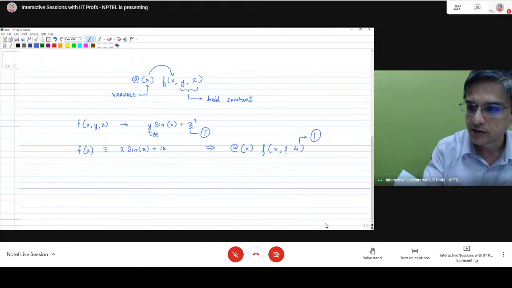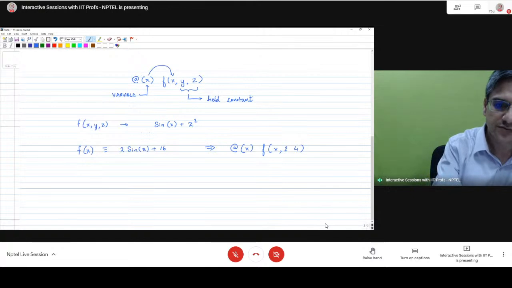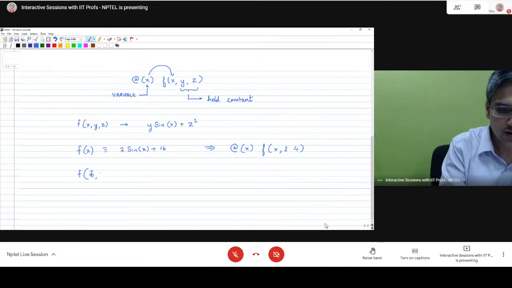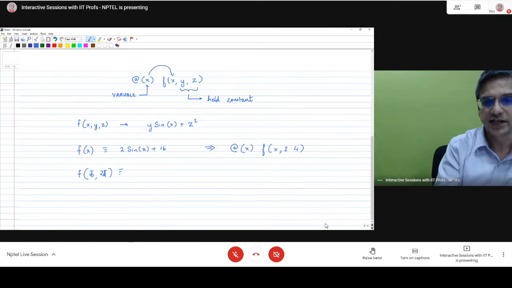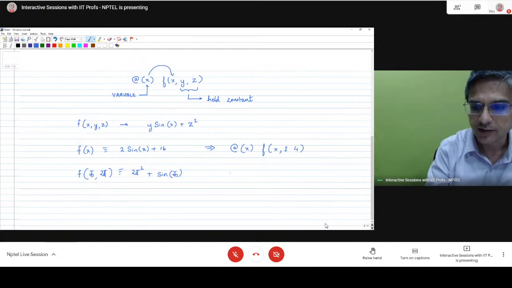Okay, let's say I wanted this to be a function in 2 variables. If I wanted this to be a function of k comma k, okay, I'm just using anything that is arbitrary. Okay, I wanted this as k squared plus sine k.